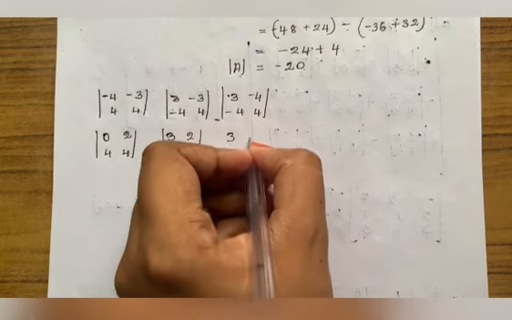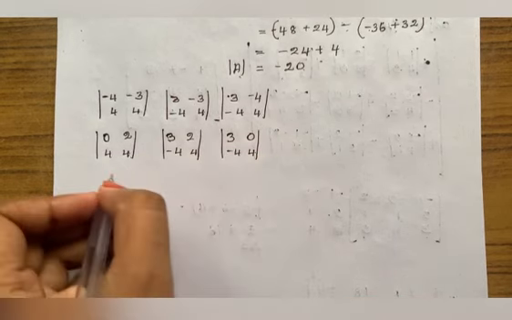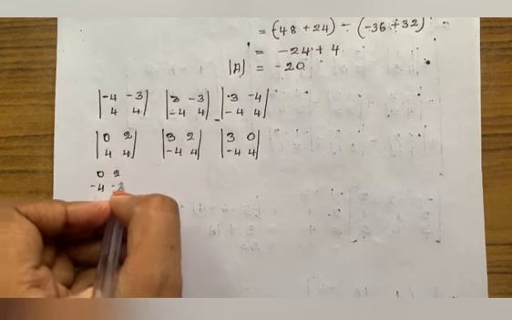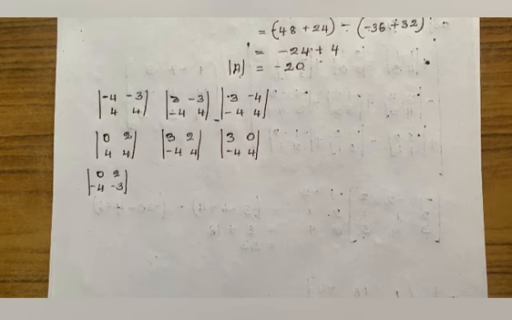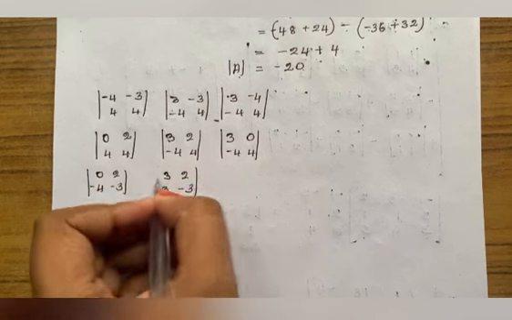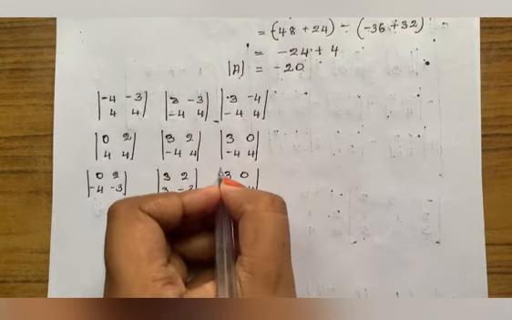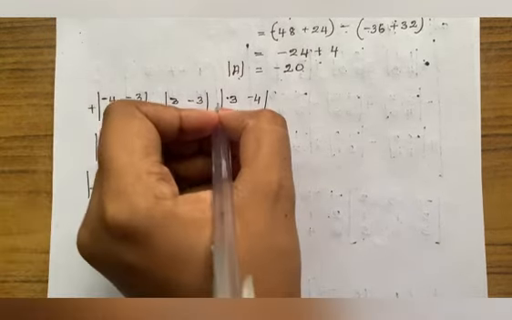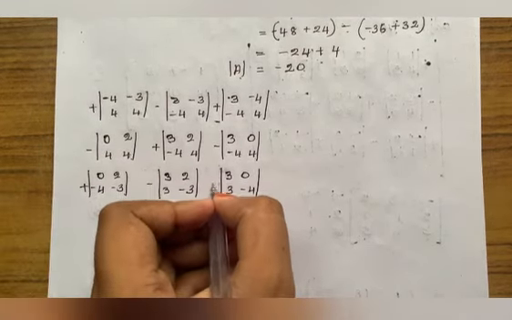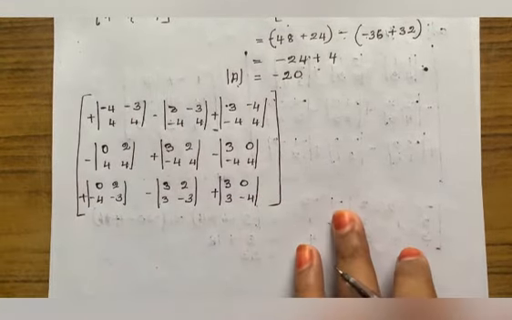And for minus 3 it is 3, 0, minus 4 and 4. Okay, for the last row, for minus 4 it is 0, 2, minus 4, minus 3. And for the 4 it is 3, 2, 3 and minus 3. And the last 4 will be 3, 0, 3, minus 4. Yes. And now I'm writing the signs. Plus, minus, and plus. Yes. So writing the big brackets.